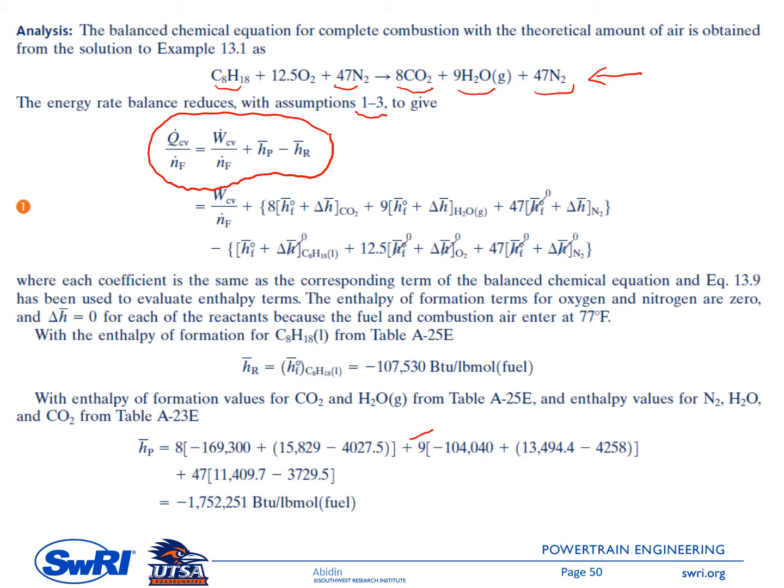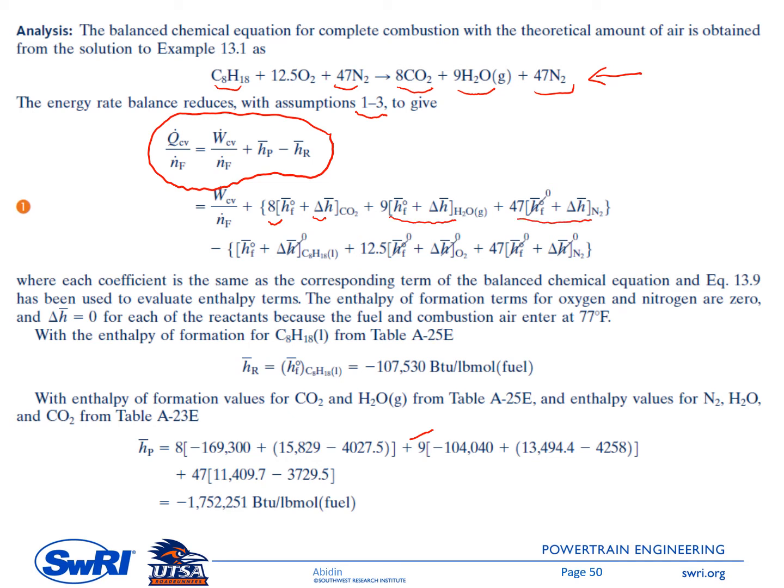So we have 8 moles of CO2. So here we have 8, and then the enthalpy of CO2 is the sum of the enthalpy of formation plus the delta H, and this one is for the water vapor, and this one is for nitrogen.